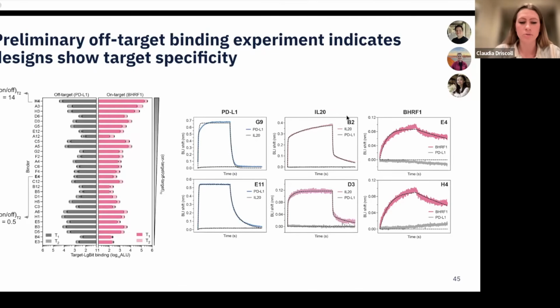We purified those proteins, tested binding, and we can see in each case, the binder that had the low on-over-off target binding ratio was actually found to be a non-binder. So all this is to say the Lux data alone isn't sufficient for quantifying specificity, and we're currently doing some pretty in-depth polyspecificity assays to actually quantify polyreactivity of our binders.